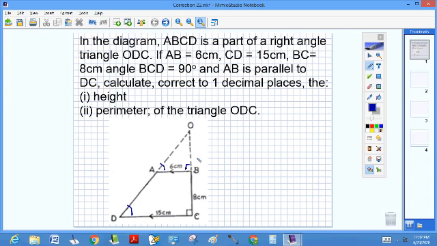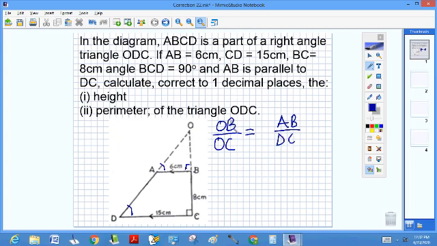We can find it by forming a ratio: OB over its corresponding side in the larger triangle, which is OC, is equal to AB in the smaller triangle over DC for the bigger triangle.